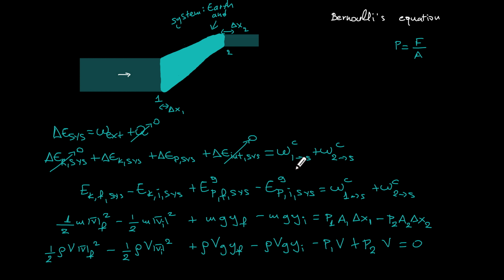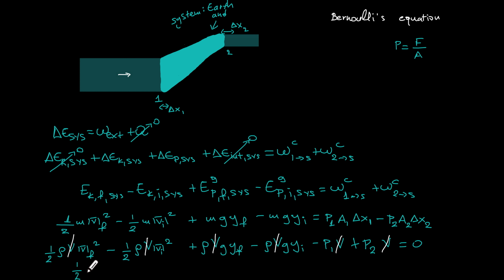Now, one thing I can do easily, you can see every single term here includes a volume. So that means I can get rid of the volumes. And I can rewrite whatever is left. And now for final, I'm going to use 2, and for initial, I'm going to use 1.